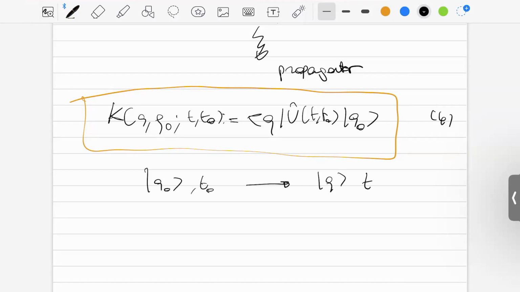Okay, so this is the definition of the propagator, which is a formal definition because I didn't specify anything more. There is a way to express it in a better way using the path integral formalism. That's the reason why we now see how to express the propagator as a path integral.